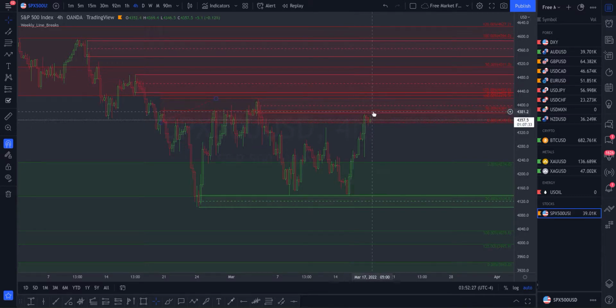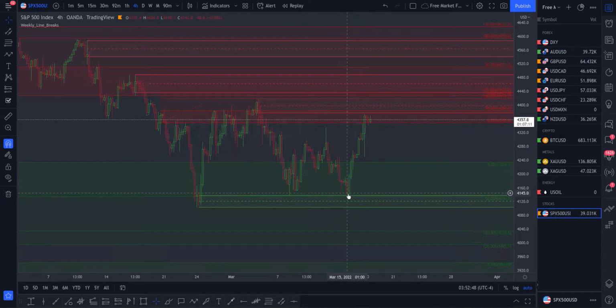Okay, we may see it come up into this 4-hour supply and push down, and we may get this consolidation between this institutional distribution and this institutional accumulation zone here.